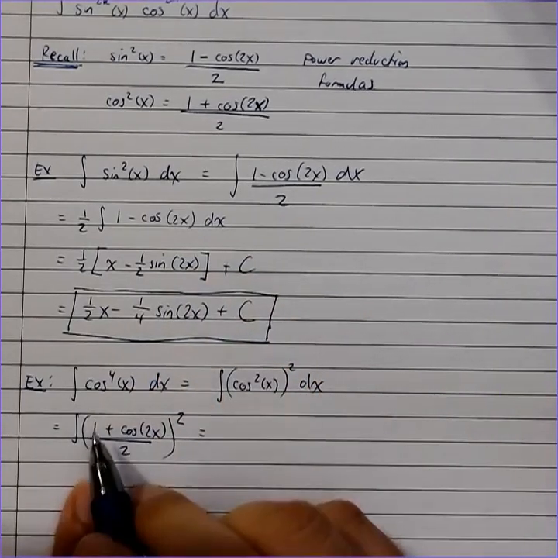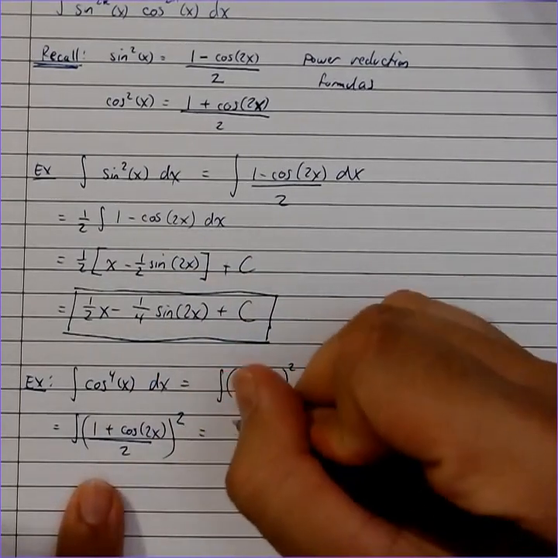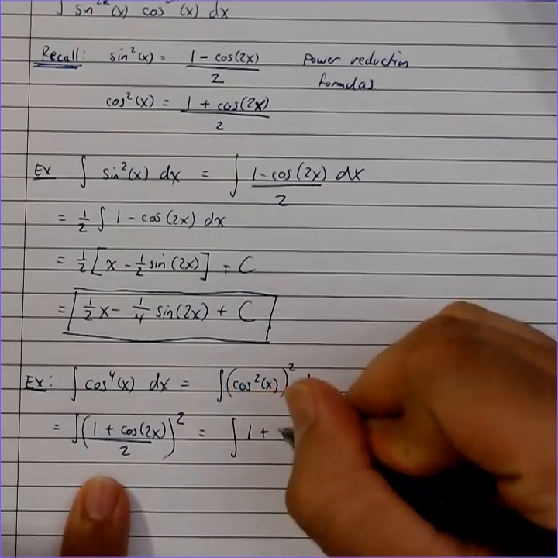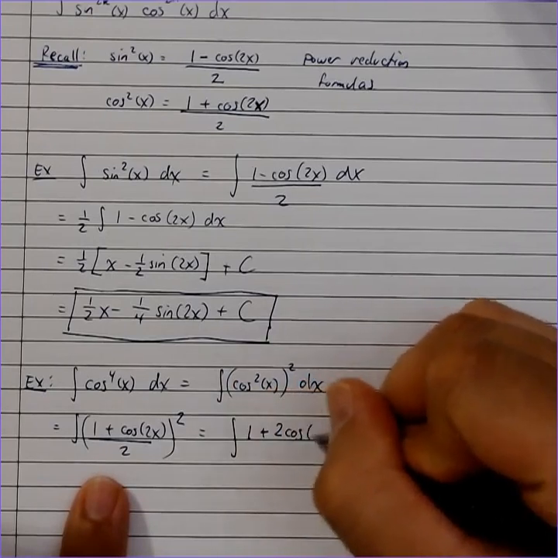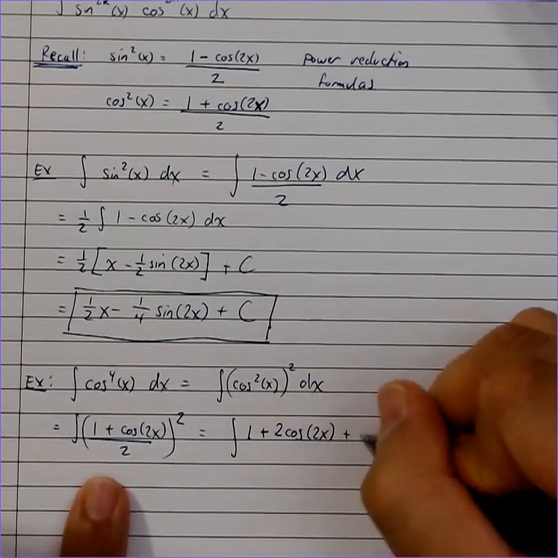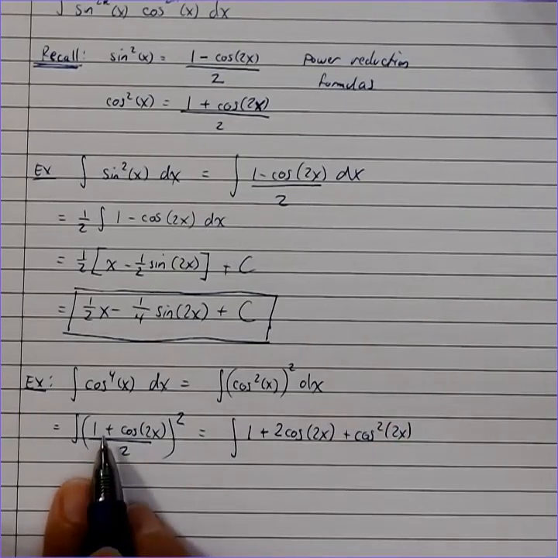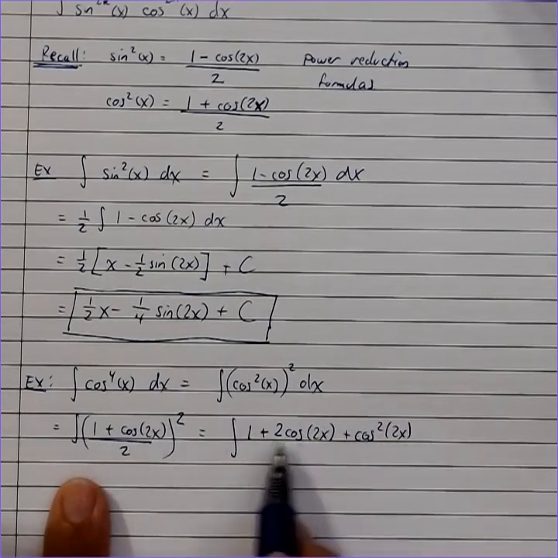Now, if I square all this, that's going to give me the integral of 1 plus 2 cosine of 2x plus cosine squared of 2x. Here, I'm just going to write 1 plus cosine of 2x times 1 plus cosine of 2x and distribute it.